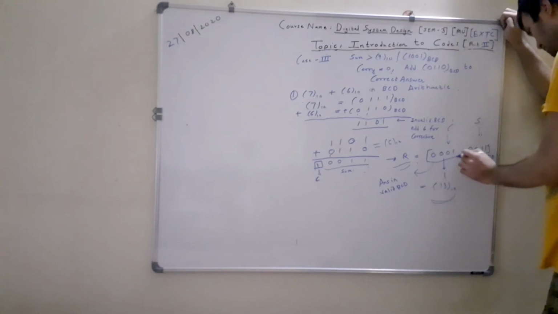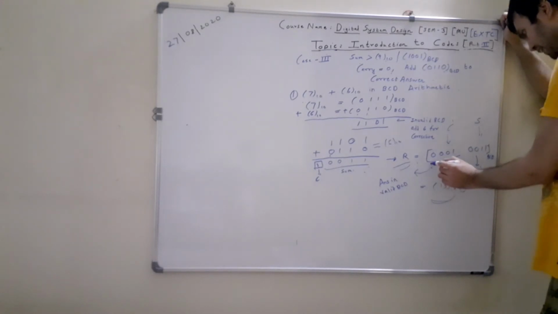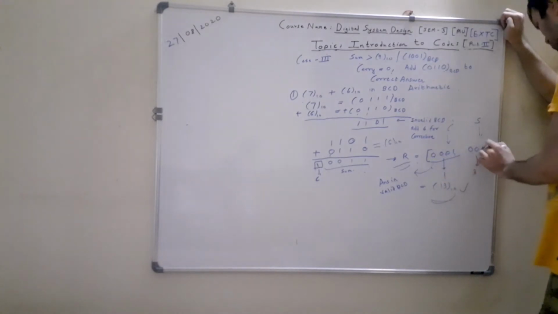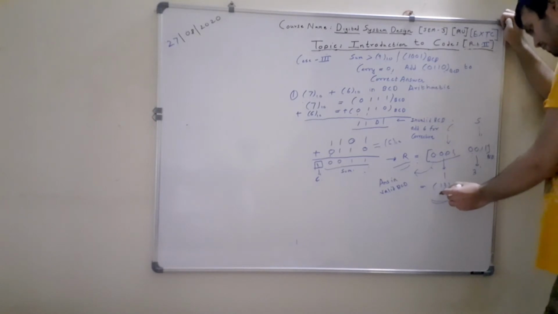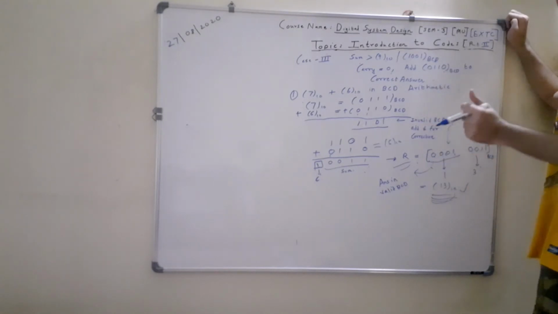So the answer is in valid BCD form, 0001 0011, which converted to decimal gives the final answer 13. So this was our third case.